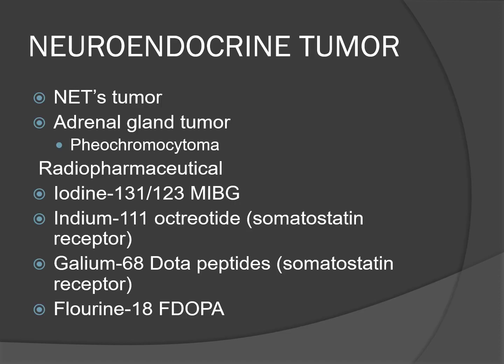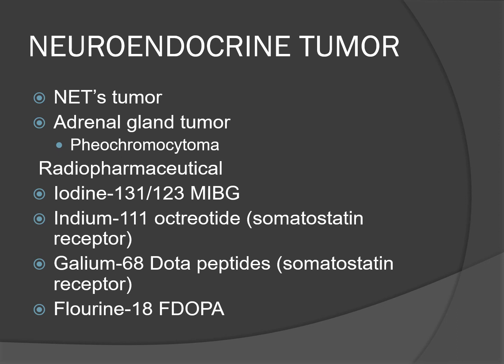And then we go to neuroendocrine tumor, the next tumor, and adrenal gland tumor, such as pheochromocytoma. Mostly in these diseases, we have a lot of radiopharmaceuticals that can be used to detect the tumor. The previous radiopharmaceuticals that we usually used are iodine-131 or iodine-123 MIBG and indium-111 octreotide.